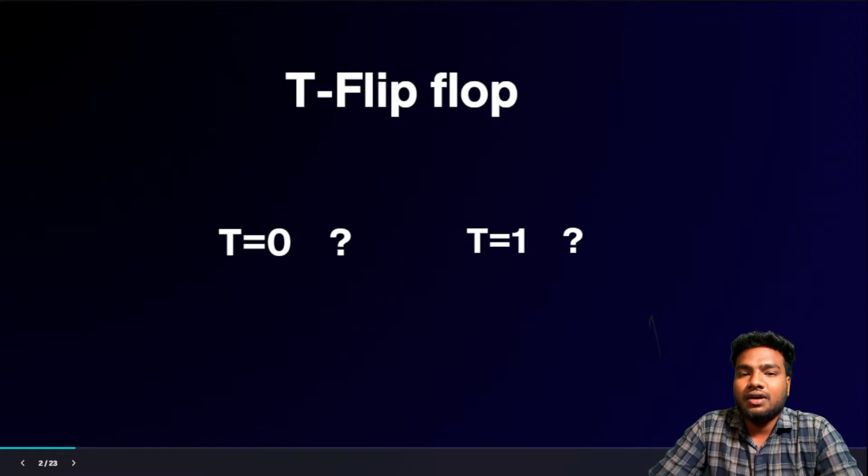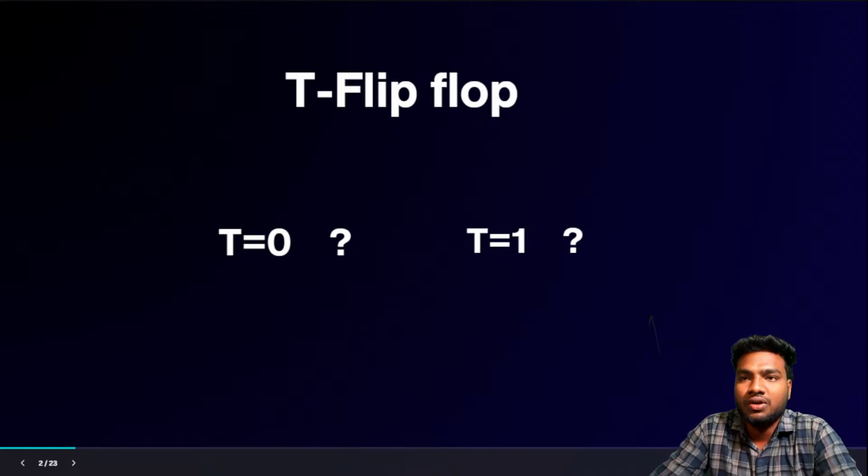My question to you: I hope you know about flip-flops in sequential circuits. If you know, just answer this. What is the functionality if the condition is T equal to 0 and if T equal to 1? T is an input of the flip-flop. The T flip-flop is known as the toggling flip-flop. At every passage of the clock it will toggle, changing from 0 to 1, and 1 to 0.